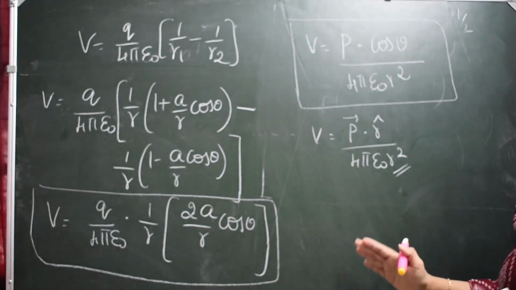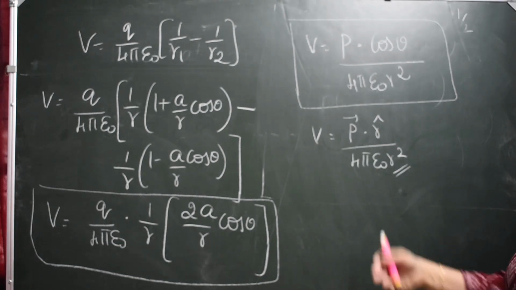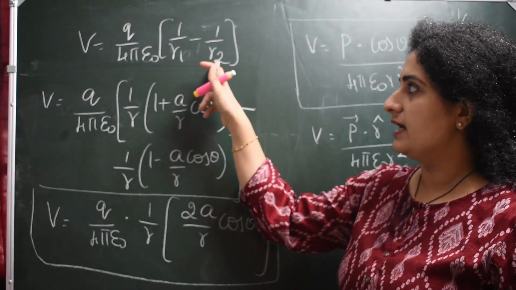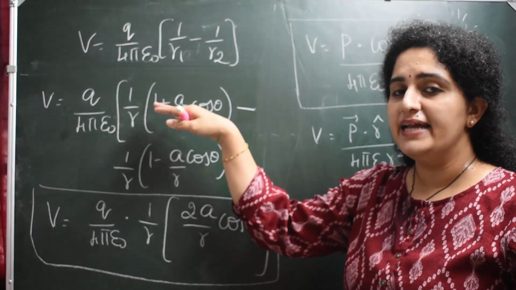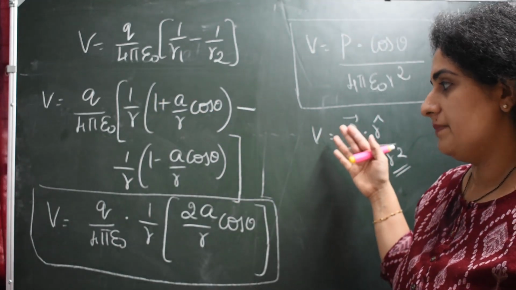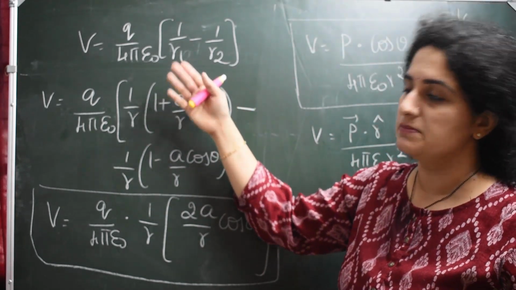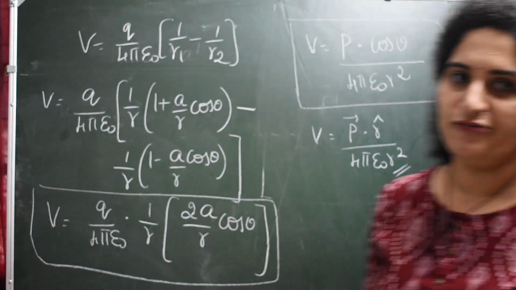So I hope this is clear, very important derivation. So follow the steps clearly, write the equations for R1 and R2, then take the reciprocal, use the binomial theorem or binomial principle, substitute back in the main equation using superposition principle, and then simplify.